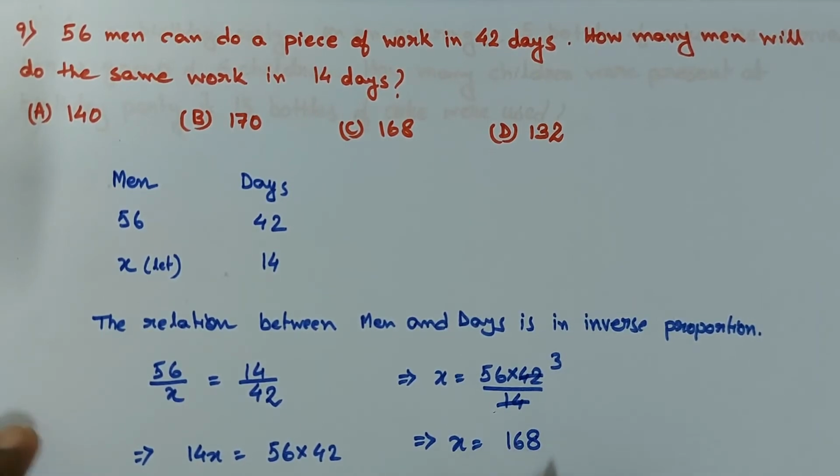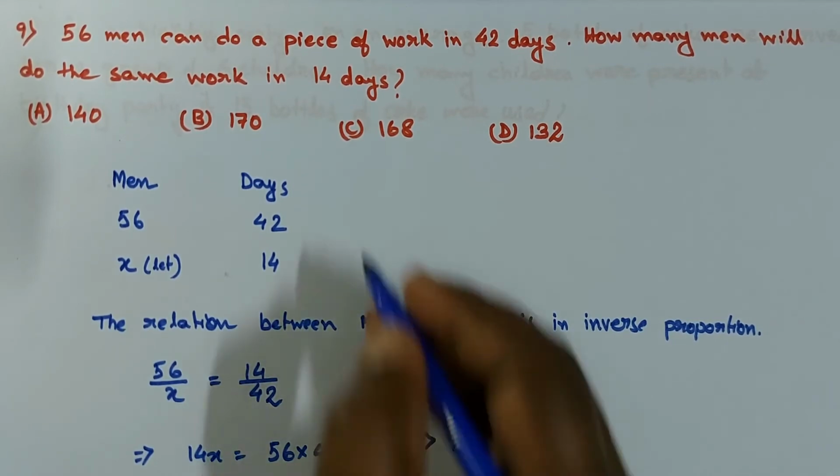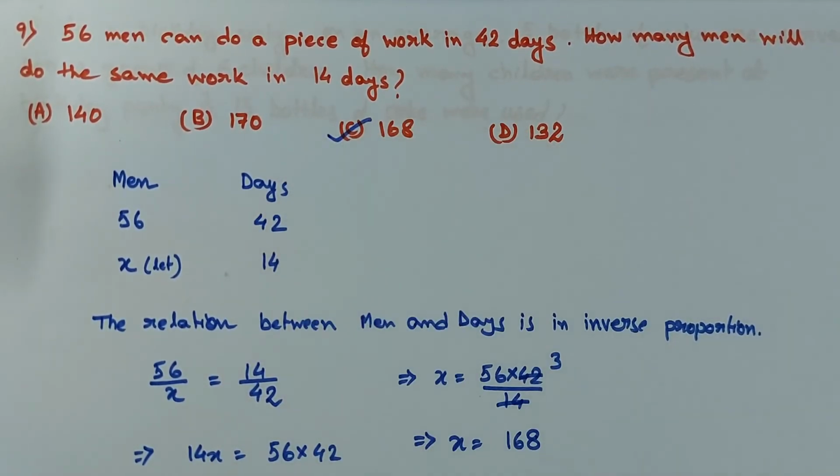So x is equal to 168. That means 168 men will be required to do the same work in 14 days. So option C is our correct answer.